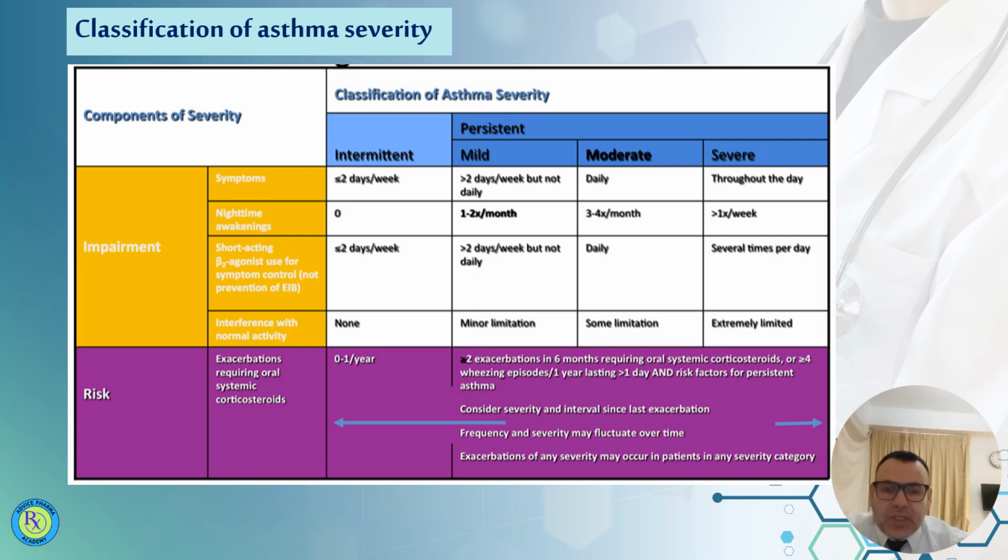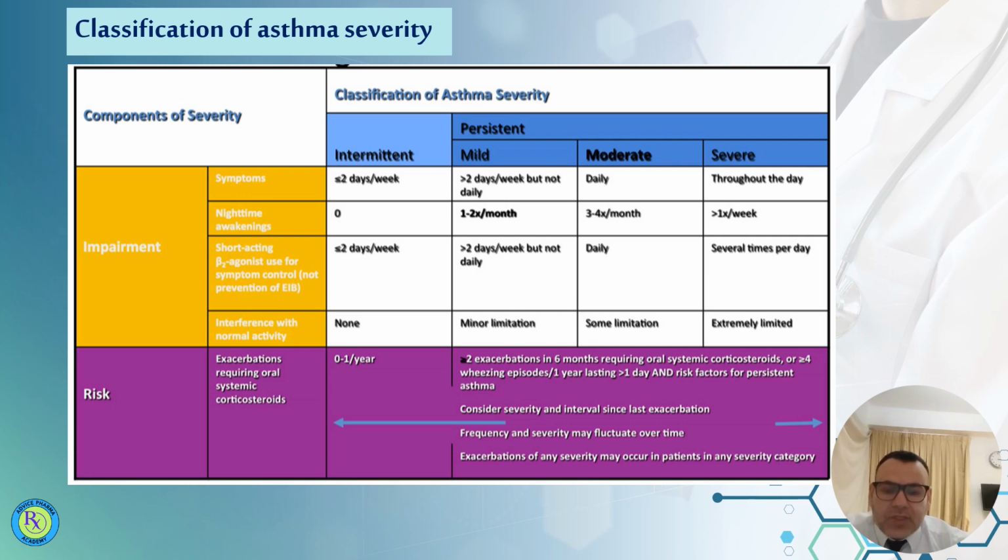So in intermittent, the symptoms happen less than 2 days per week, and consequently the use of SABA will also be less than 2 times per week because it's related to the symptoms. And nighttime awakening, the patient will not wake up at night due to symptoms, and there is no interference with activity.